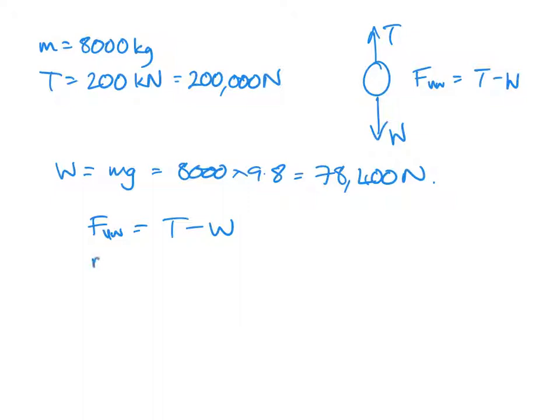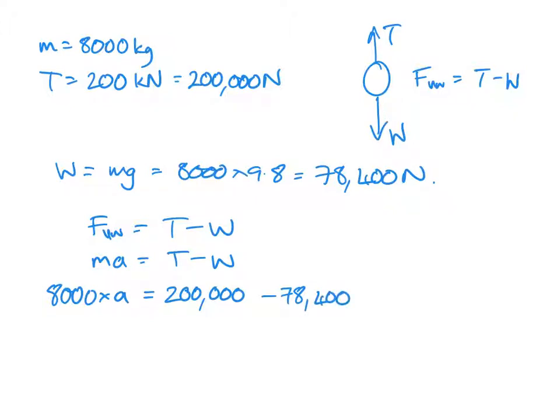But we know that F_un is also equal to ma. So where we had F_un in the formula, we can now write ma equals T minus W. And now we can start substituting. 8,000 times the a that we're trying to work out equals the thrust, 200,000 newtons, minus the weight that we just worked out. Plug in the values, rearrange to get a.